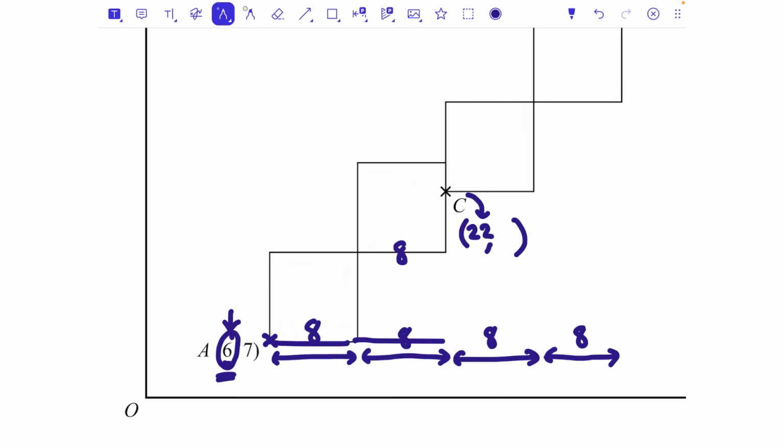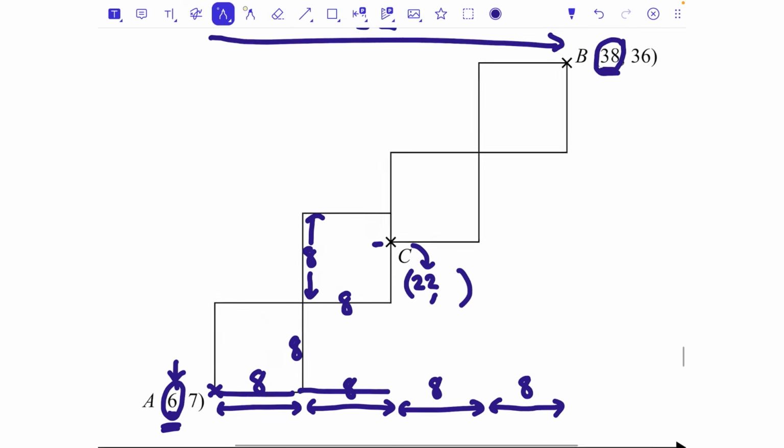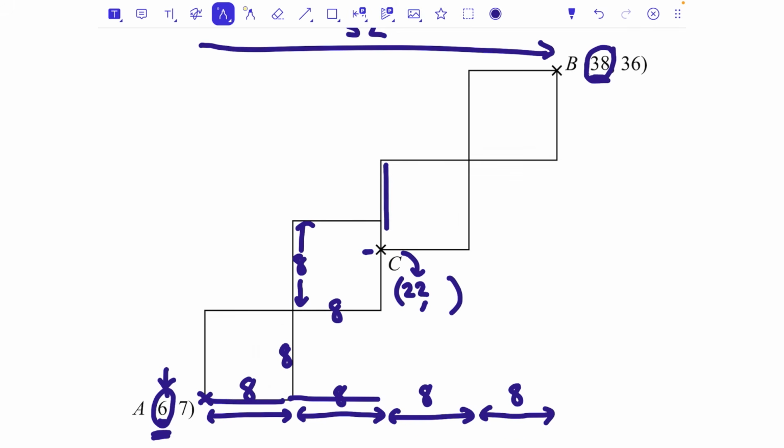So that's that direction. Now with the going up, because these are squares, if they're 8 wide, they also must be 8 tall. But I don't know how far up to go to get to that bit. But if you look from above, it is a whole 2 squares down from this value.